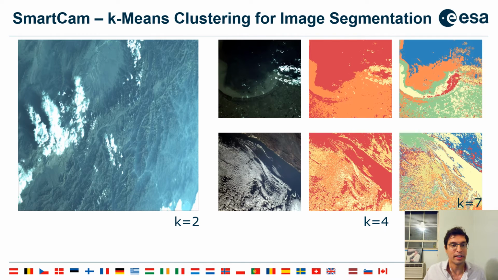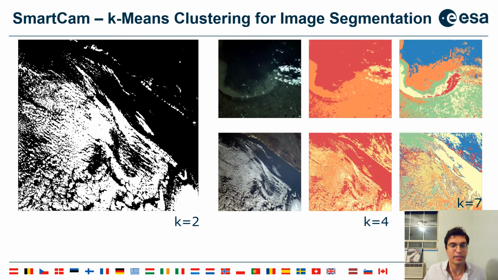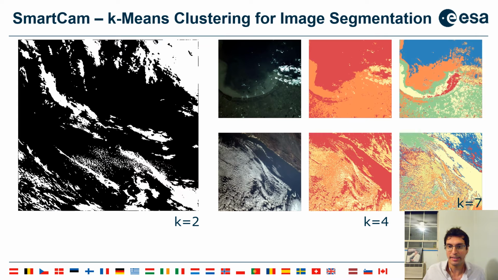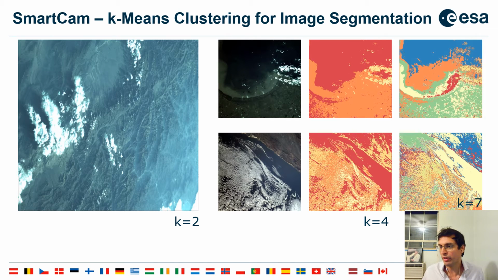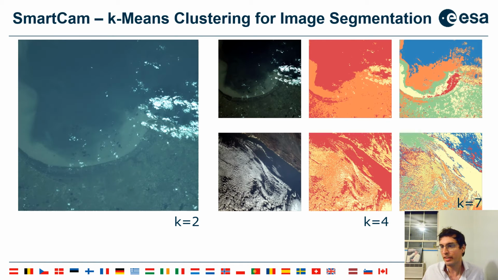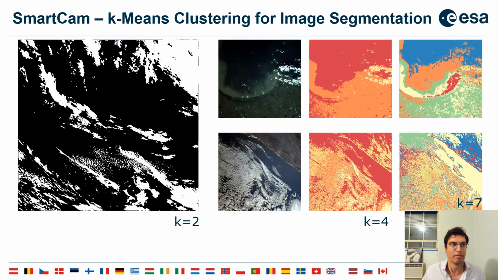So for instance, here with k equals 2, we can achieve some level of cloud detection. With k equals 4, we can distinguish between land and sea. And with k equals 7, we can distinguish different depths of water and different depths of cloud. None of this has been optimized. It's just very experimental and looks very promising.